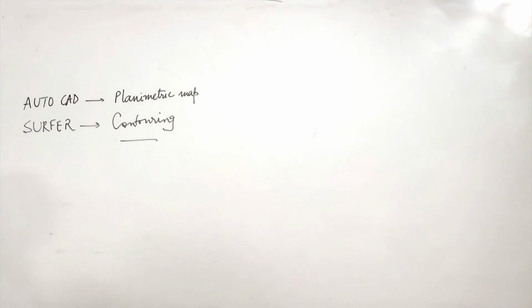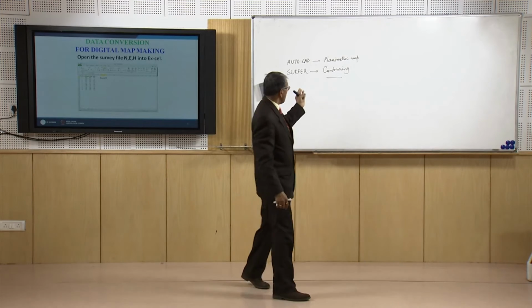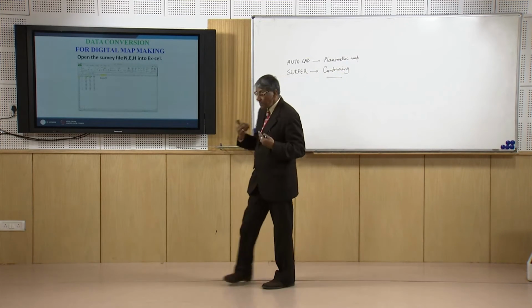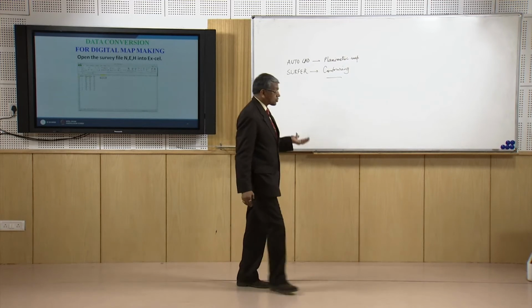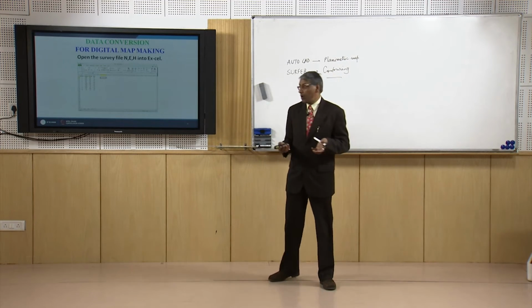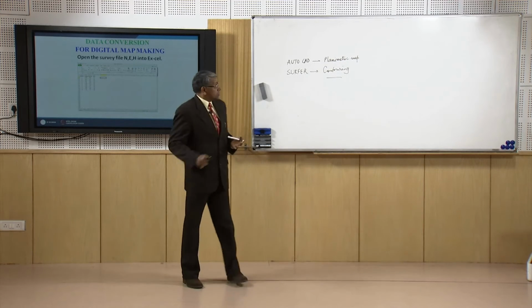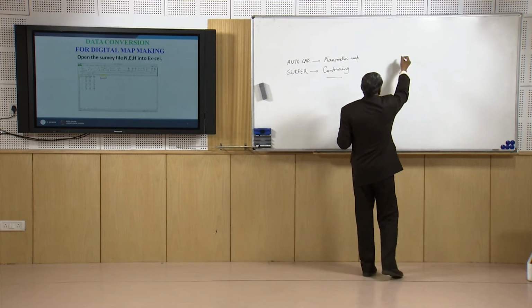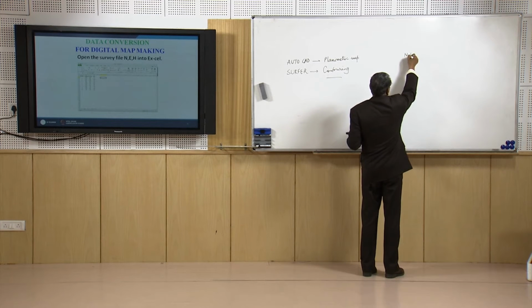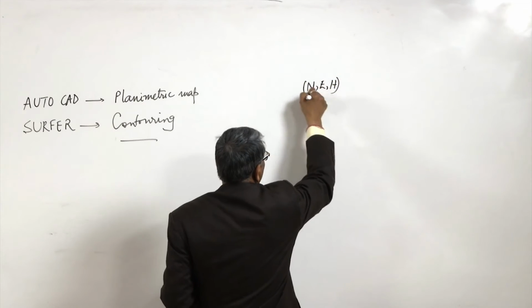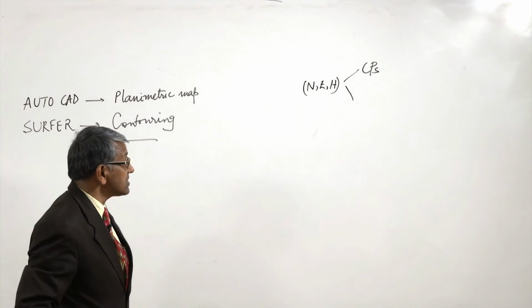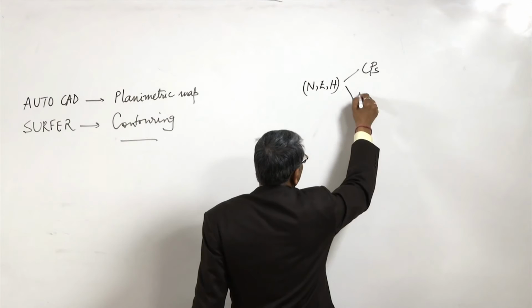So my further discussion will be more oriented towards this software, otherwise similar type of operation has to be done for other software also. So by transformation and reduction, all our data is now in the format of northeast height, and we have two sets of data, one for control points and the other for detailing.